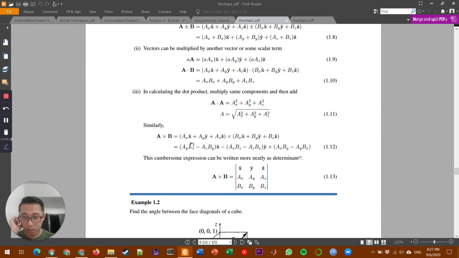You have AX plus AY plus AZ. Same thing is true with the vector B. Now, when you do the vector product, this is what happens. It becomes as shown in equation 1.12.